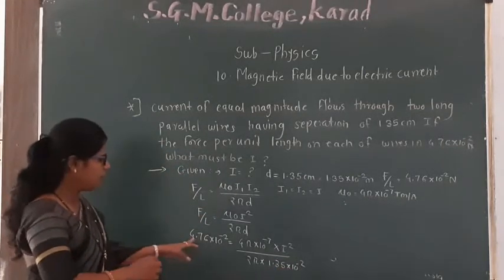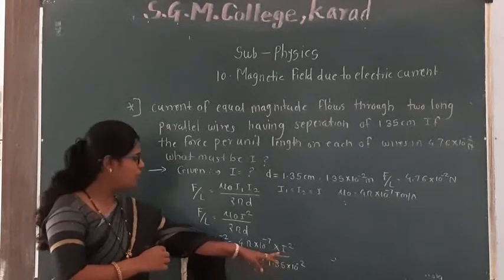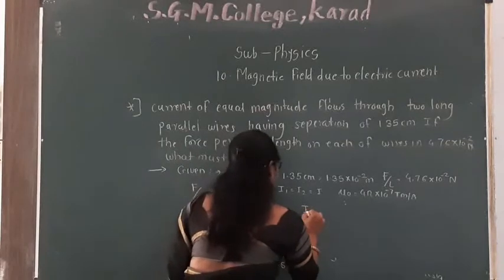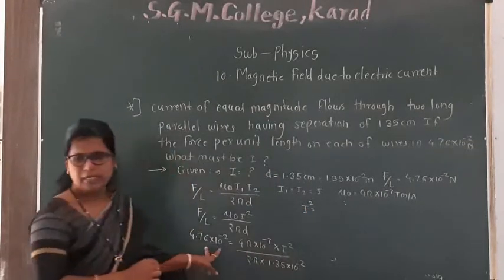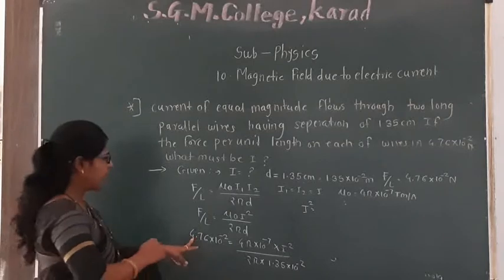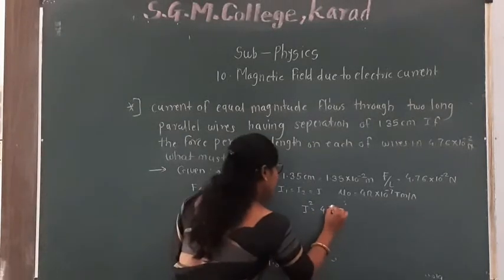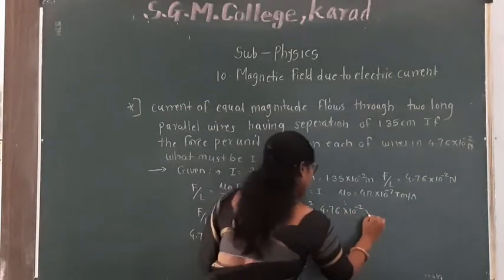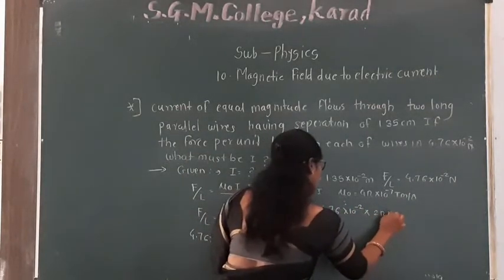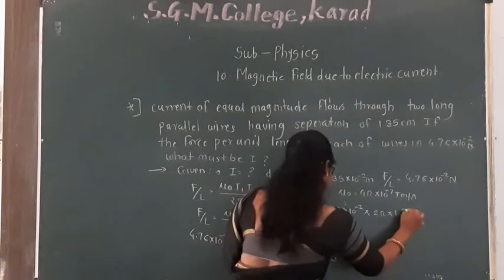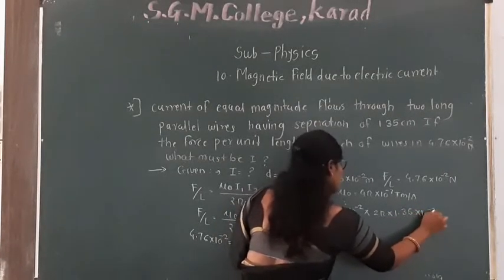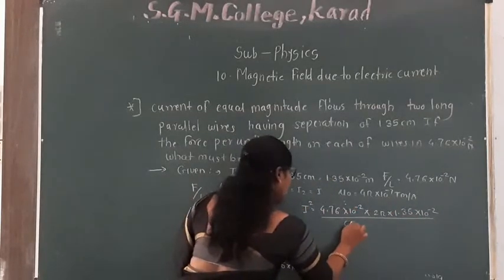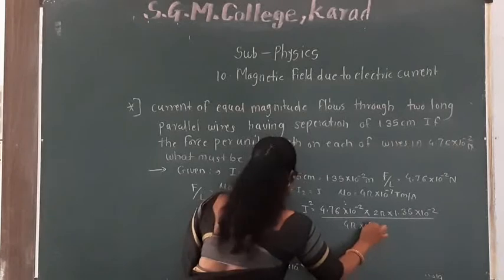Now we have to convert that equation into the form of I square. Therefore I square is equal to 4.76 into 10 raised to minus 2 into 2 pi into 1.35 into 10 raised to minus 2 upon 4 pi into 10 raised to minus 7.